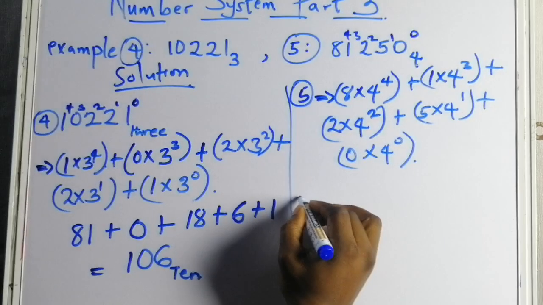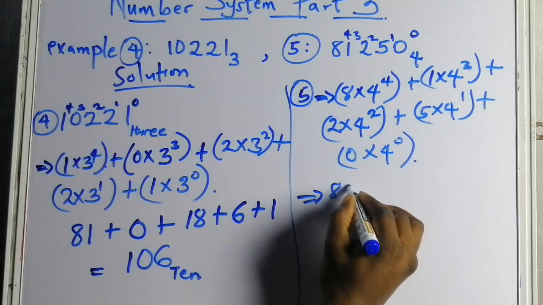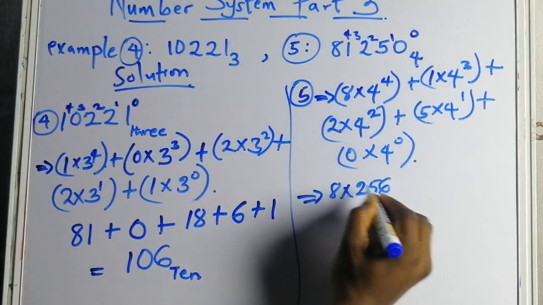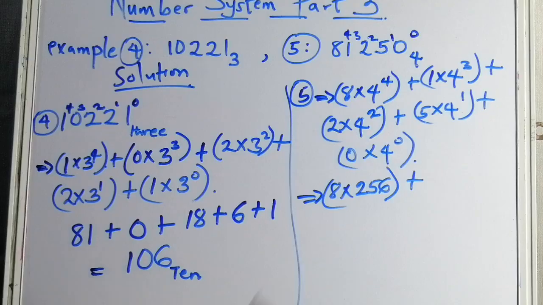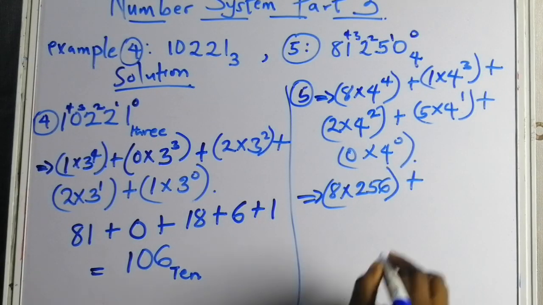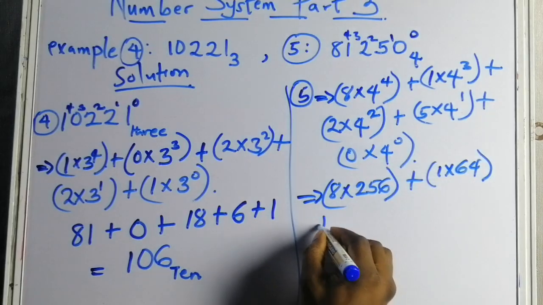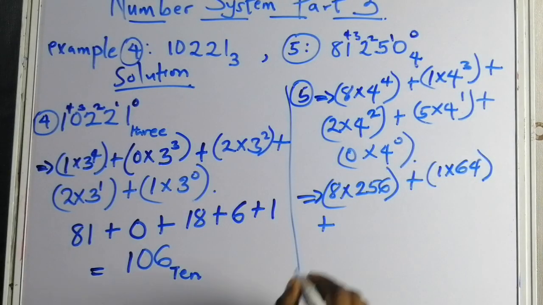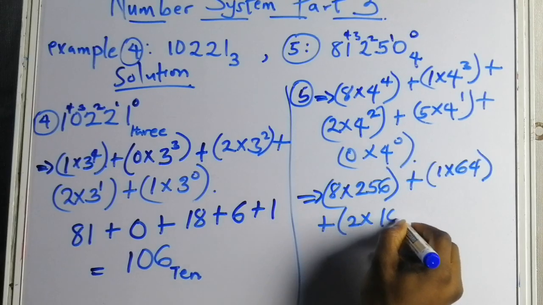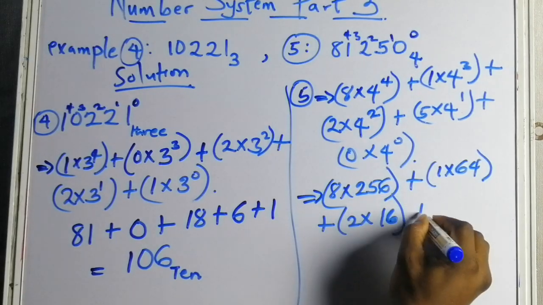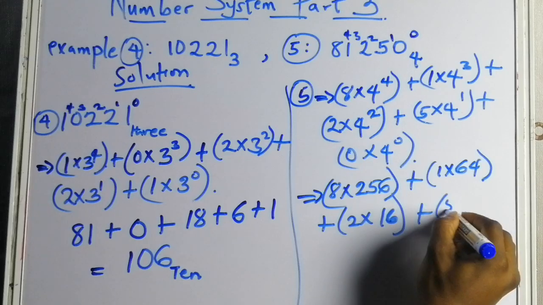Which implies you have 8 times 256, okay, plus 4 times 4 times 4, that's 16 times 4, 64. So this one is 1 times 64, okay, plus 4 times 4, 16. So that's 2 times 16. That's 5 times 4.